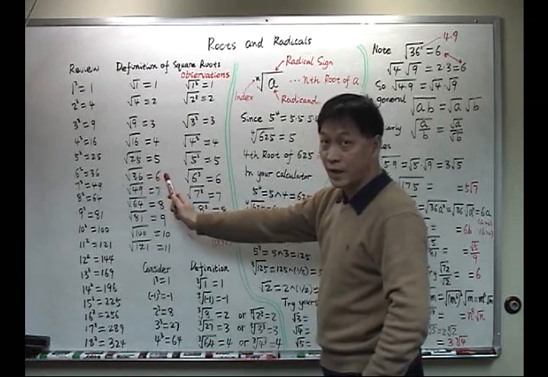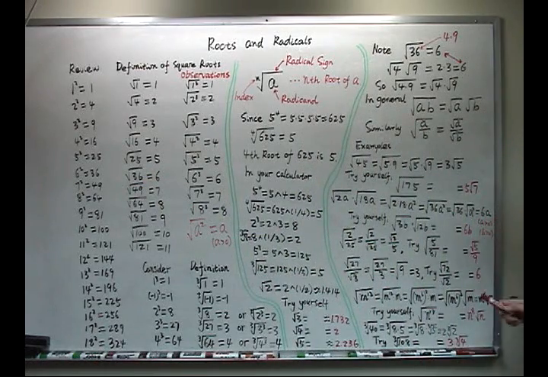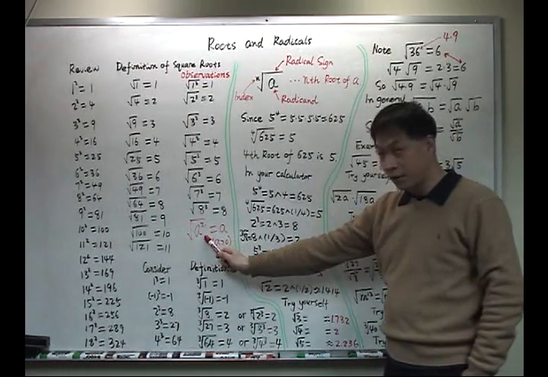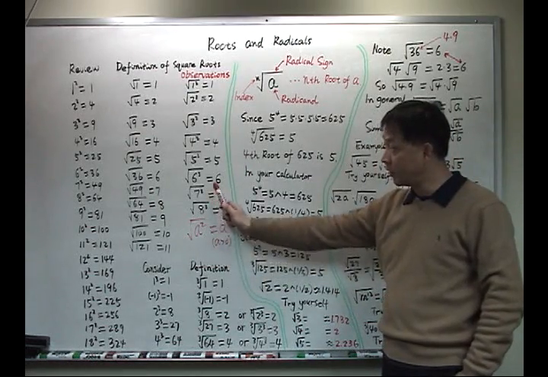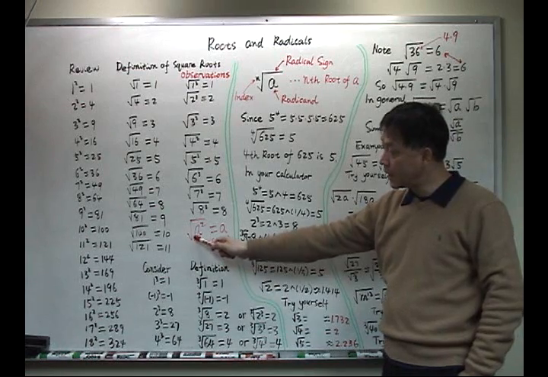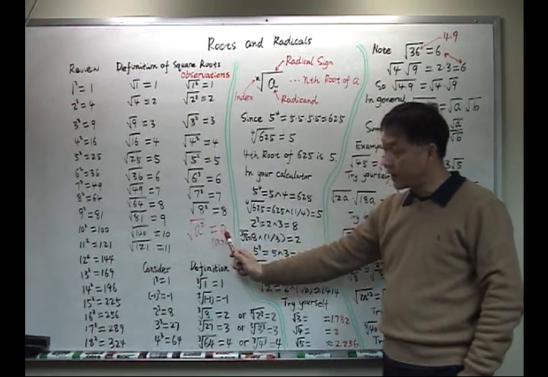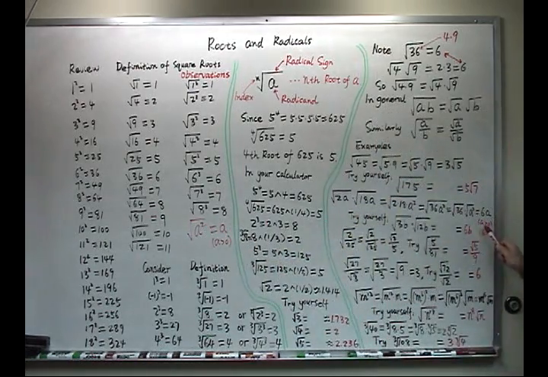We use this twice. Radical A squared is A if A is greater than 0. Why? Look, this is the property we had before. Something inside the radical sign that is something squared gives that something. So here is the same thing.